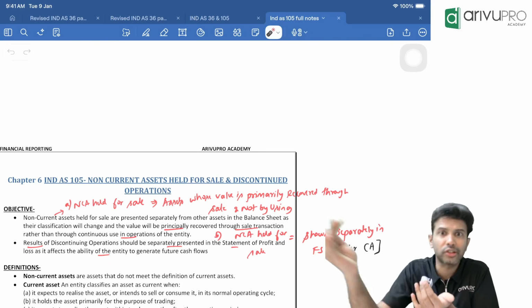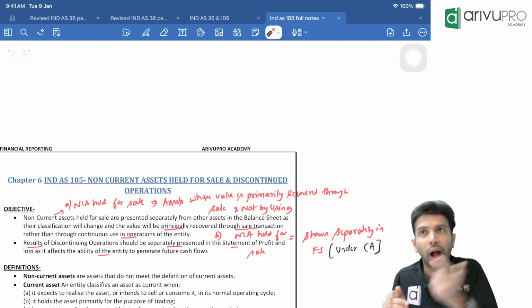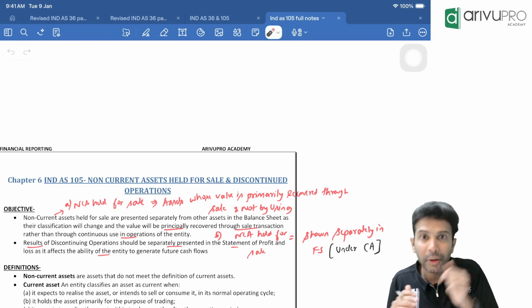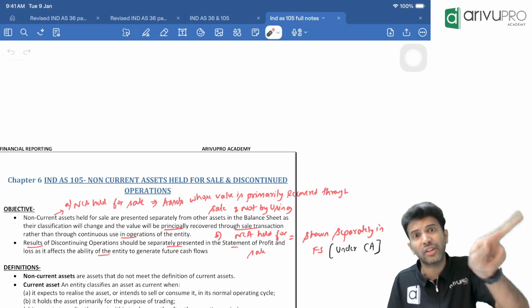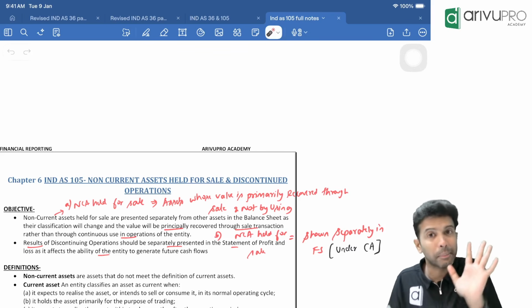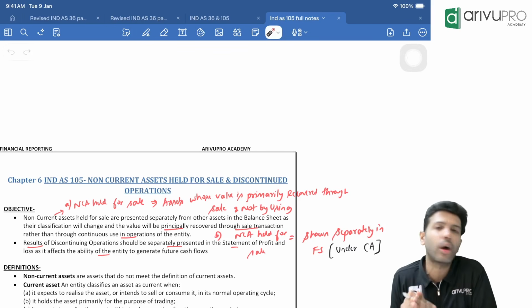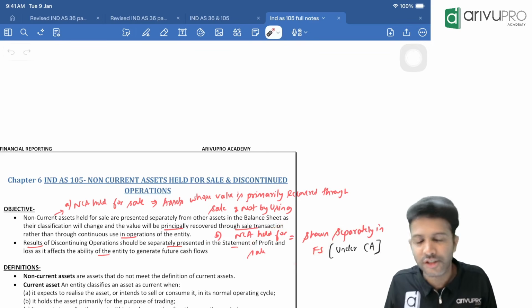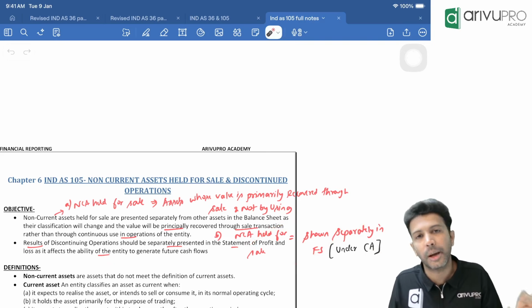Because you don't want to sell an asset which is used in production. If this asset is getting replaced, then no problem, things are going smoothly. But if the company is planning to sell an asset and does not have any intention to replace it, that might send a signal that something is wrong with the company. Hence, Ind AS 105 says you show these assets separately so that it will help the users to interpret and make their decisions appropriately.